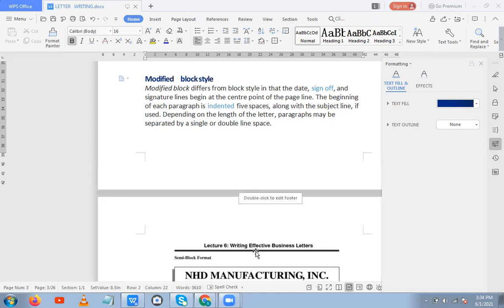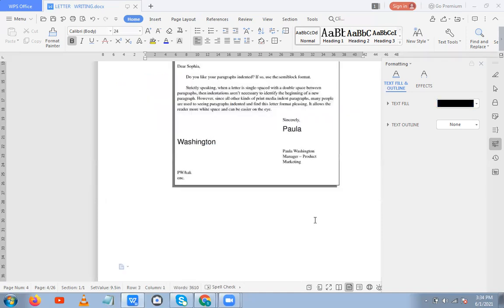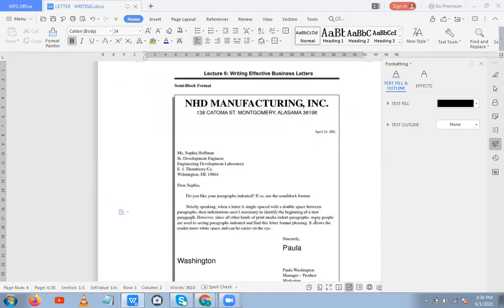Now we are going to take a look at what is this type. So this is the semi-block style. It starts with the left. The date is on the right.